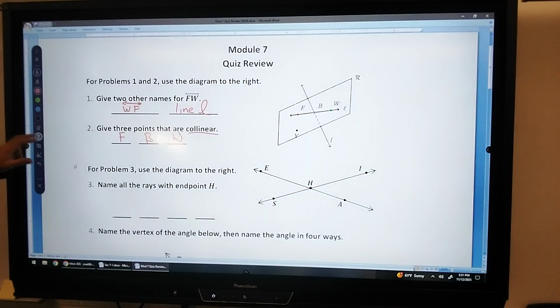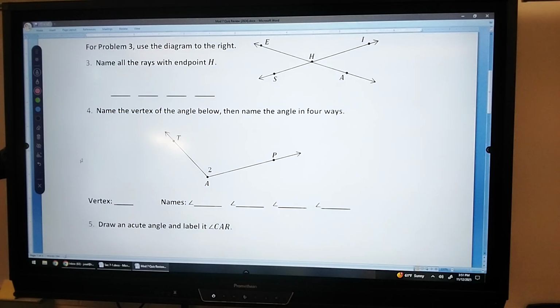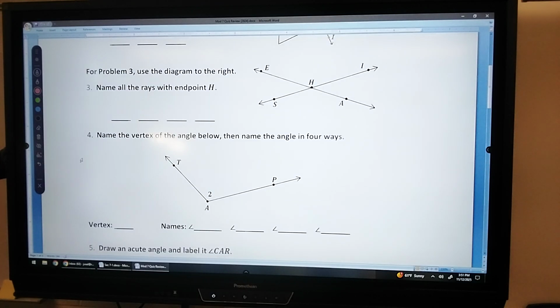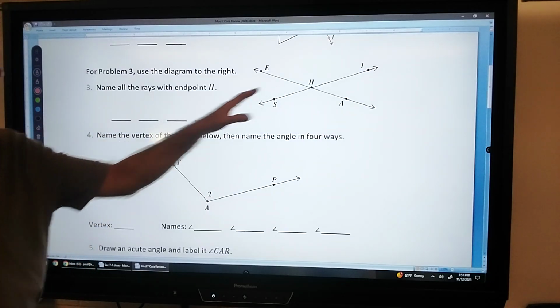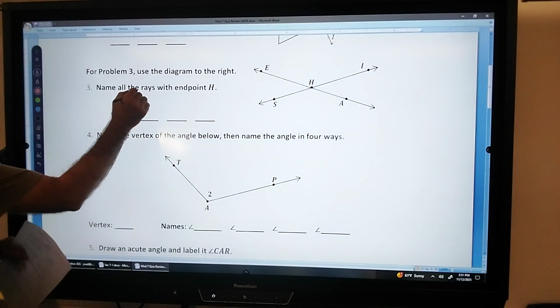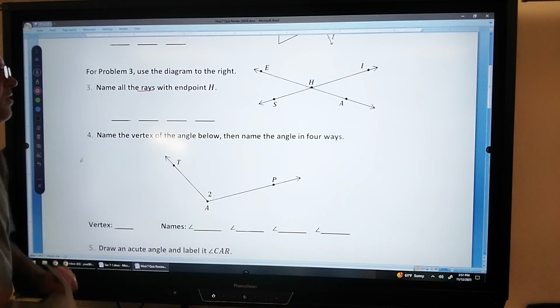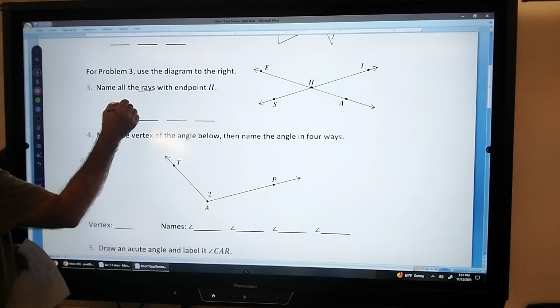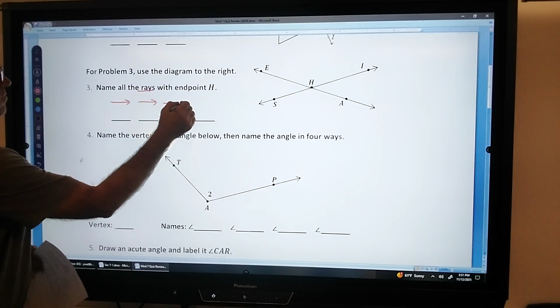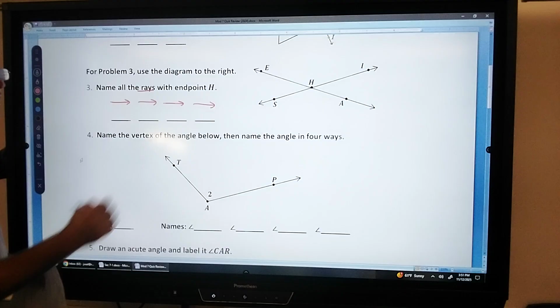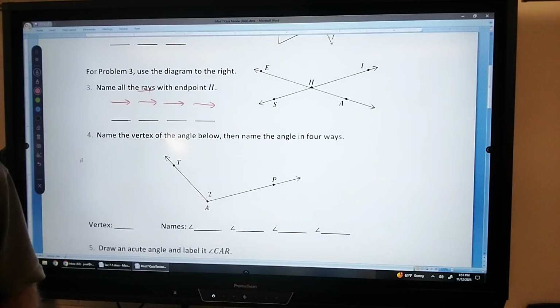All right. For number 3, it says we're going to use this new diagram over to the far right here. And it says to name the rays that have endpoint H. So there's a couple things here we talked about. Number 1, your notation. The notation for ray is an arrow pointing to the right.